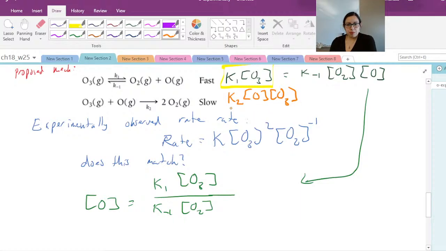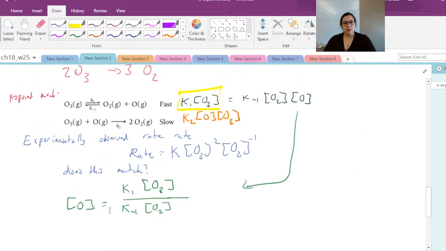And so now let's substitute though. So don't overthink your rates. It's just about what reactants are going on in each little mechanistic step. And so that's the whole point, is that it should cancel out if it's fast.